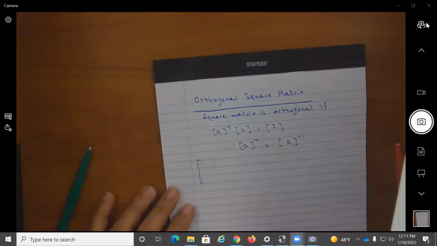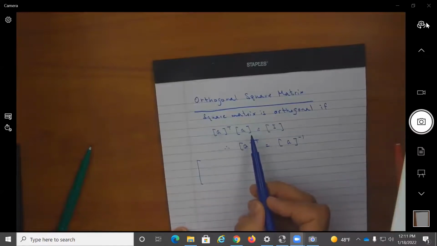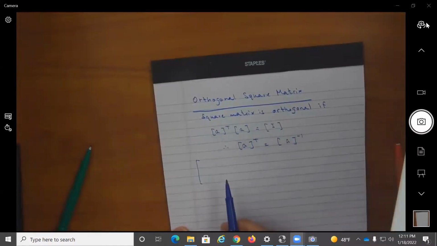And of course A times A transpose would be equal to I as well, right?